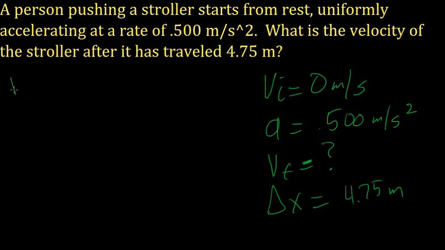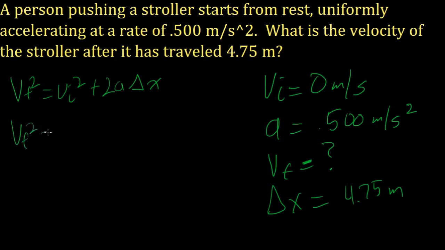Well, we're going to get to use our formula we just came up with. Vf squared equals Vi squared plus 2A delta x. So we can plug in, because all of our units agree. We've got meters and seconds and meters per second squared. No kilometers or minutes or anything like that.